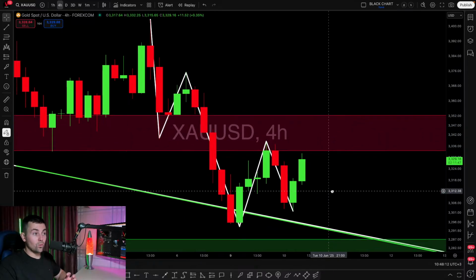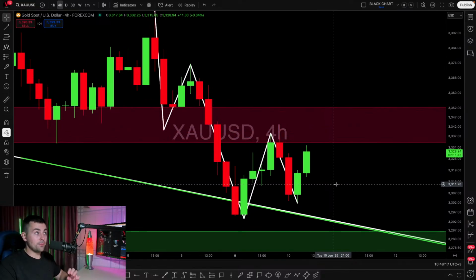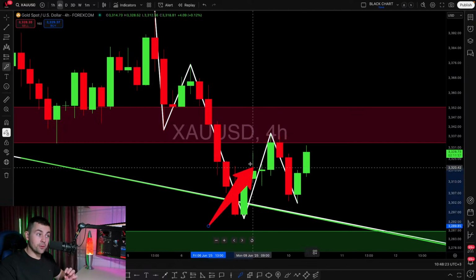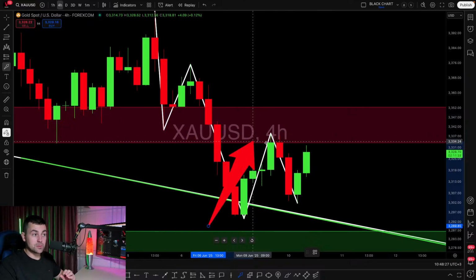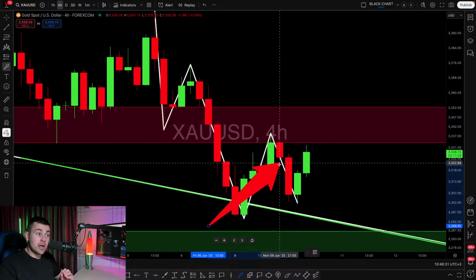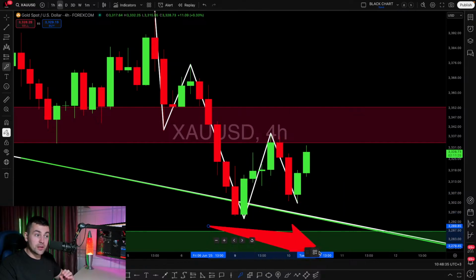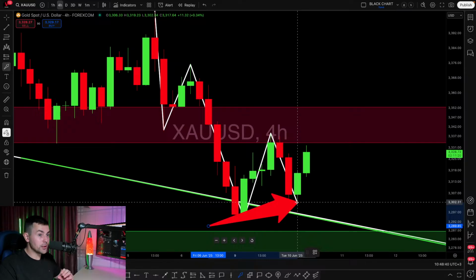And one important thing that happened when the price tested the trend line is that we bounced from it. We respected our resistance, the resistance that we spotted on a daily. We started to fall again. But instead of retesting the low, instead of updating the low and going lower, we set a higher low right here.